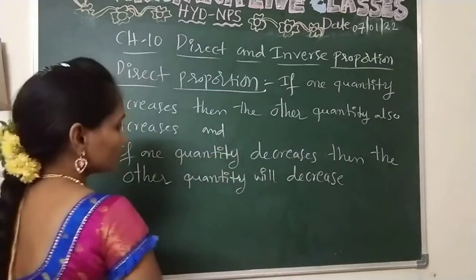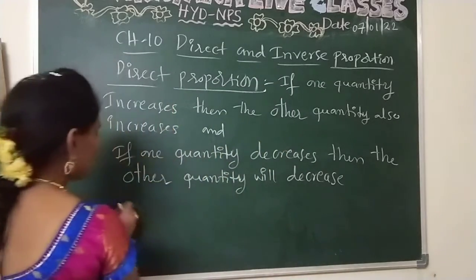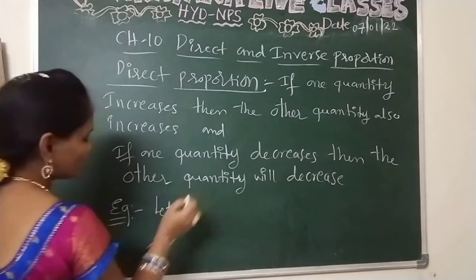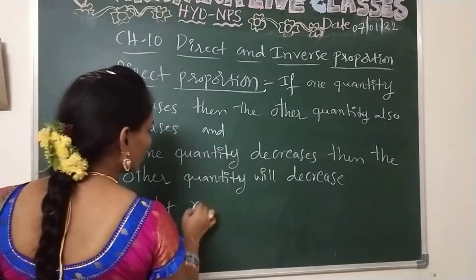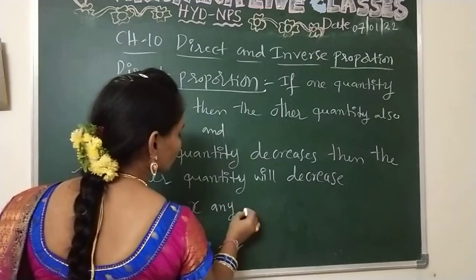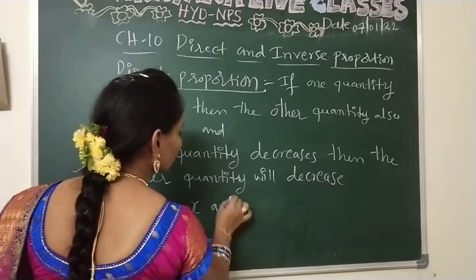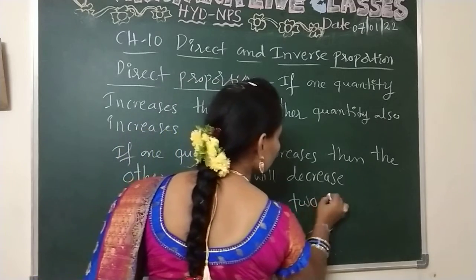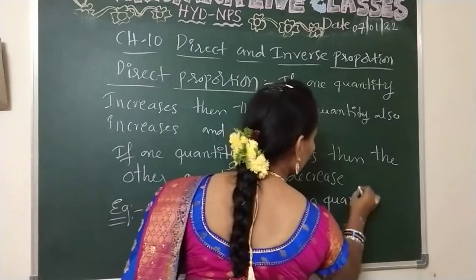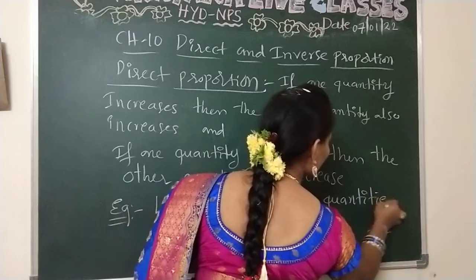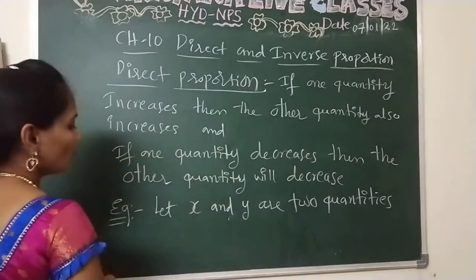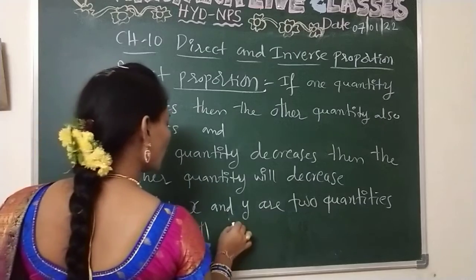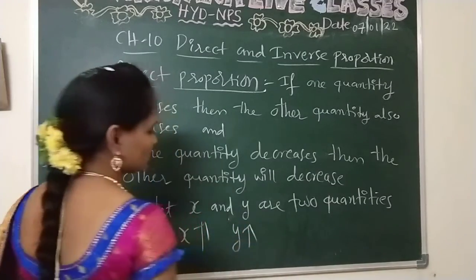Now, for example, let us take two quantities. Let x and y be two quantities. If the quantity x increases, then the quantity y also will increase.